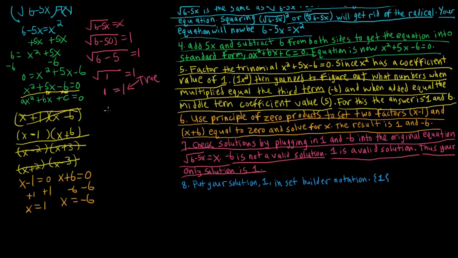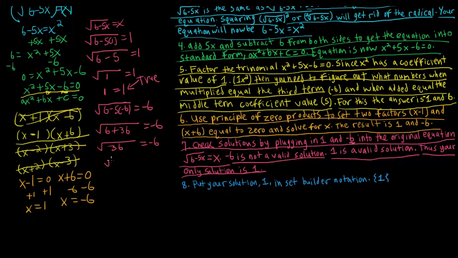And then let's plug in our other number, which is right here, negative 6. So square root of 6 minus 5 times negative 6 equals negative 6. So you have square root of 6 plus 30, so square root of 36 equals negative 6.